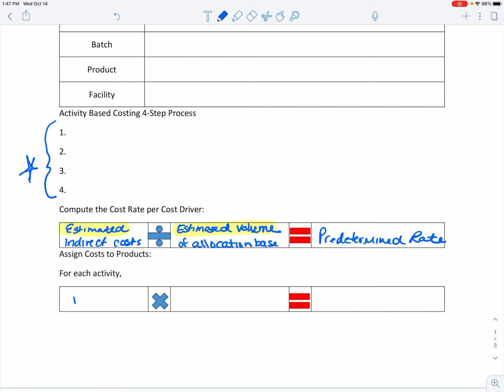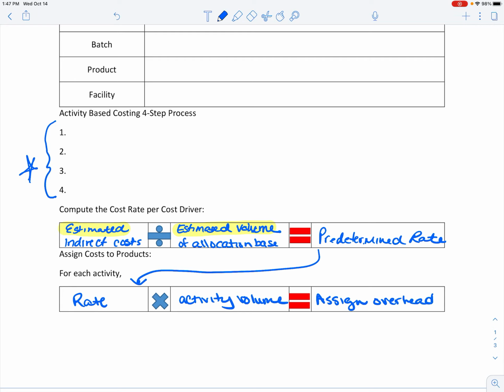Once we get that rate, we're going to multiply it by the activity. For each activity, we'll look at the volumes it has and multiply that to understand how to assign that overhead. So far it looks pretty simple.